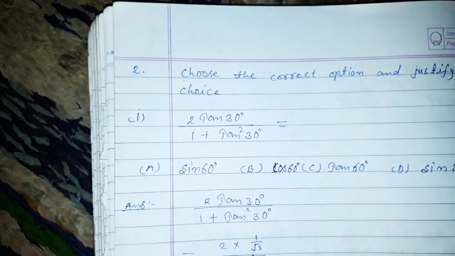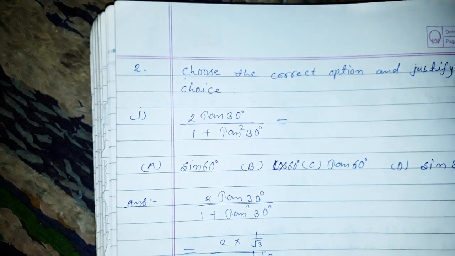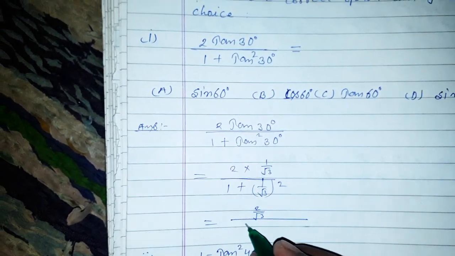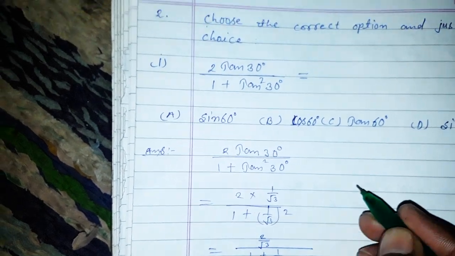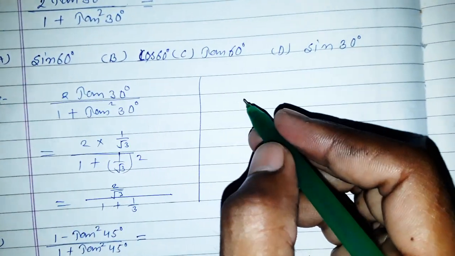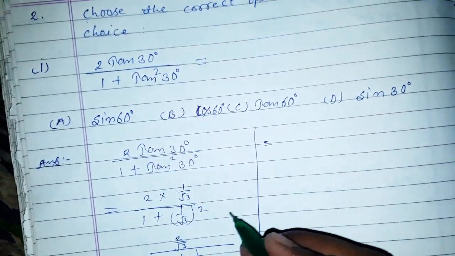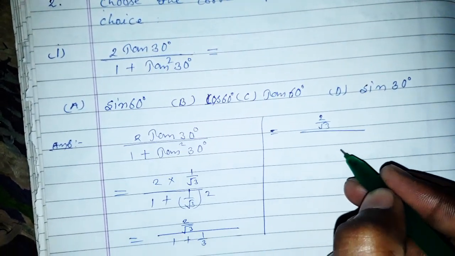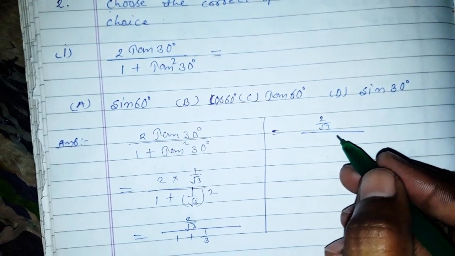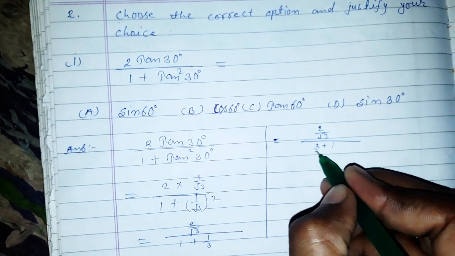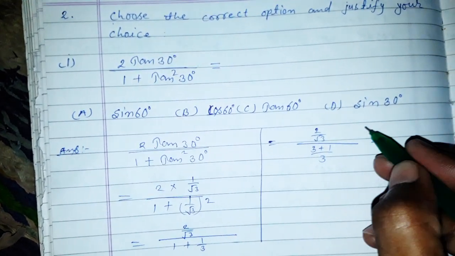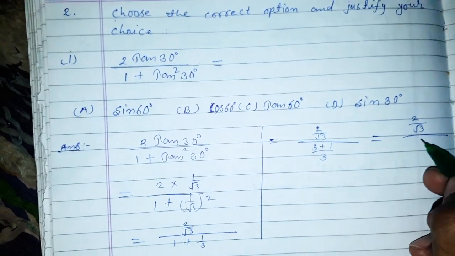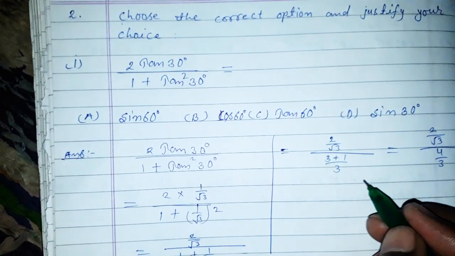So here 2 upon root 3 upon 1 plus 1 upon 3. So 2 upon root 3 upon 3 plus 1 upon 3. So 2 upon root 3 upon, this is 4 upon 3.